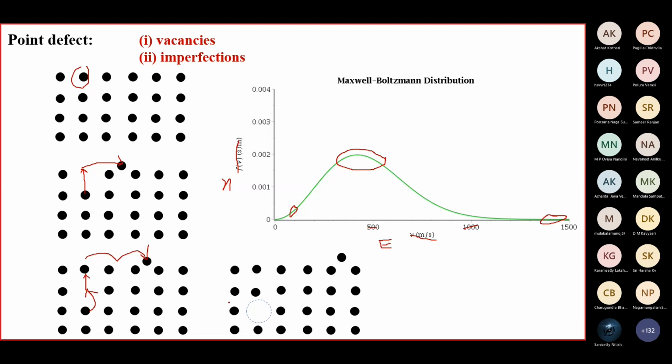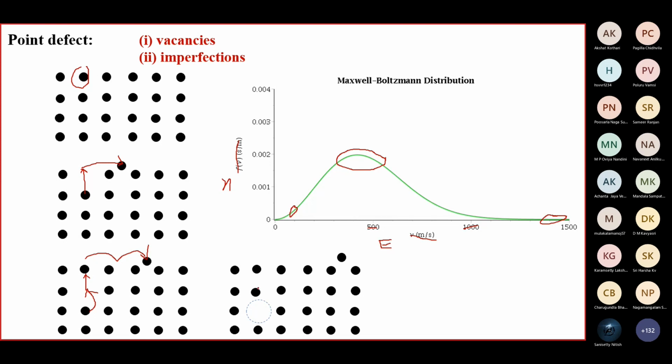What is left behind here? A vacant space. This vacant space is called a vacancy, a crystal vacancy.